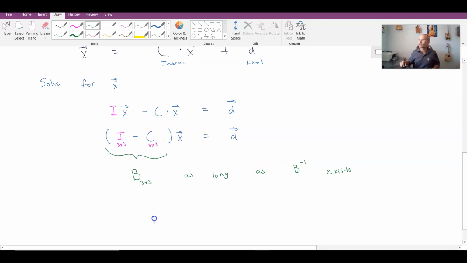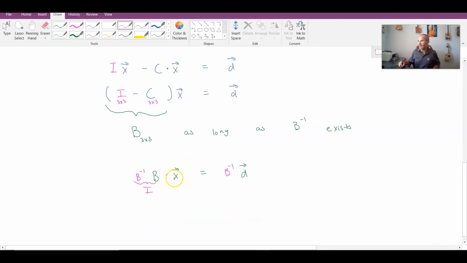So our equation as of now is B times X equals D. And as long as B inverse exists, then what I can do is multiply both sides by the inverse of B. The product of a matrix and its inverse gives me the identity, and then I get the identity times X. Well, that's a matrix transformation.